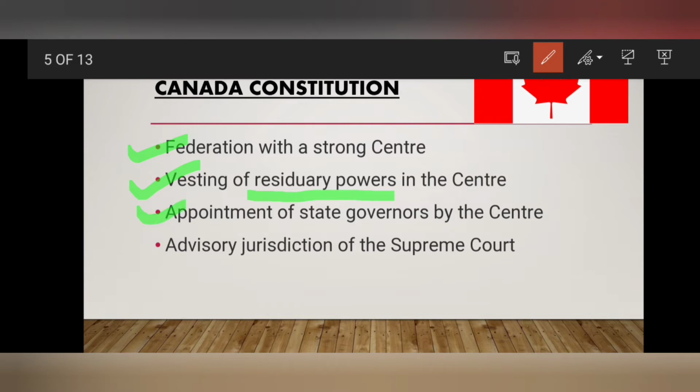Then the appointment of the state governor is taken from the Canadian constitution. And the advisory jurisdiction of the Supreme Court. The Supreme Court has the jurisdiction to advise. So this advisory jurisdiction has been taken from the Canadian constitution.